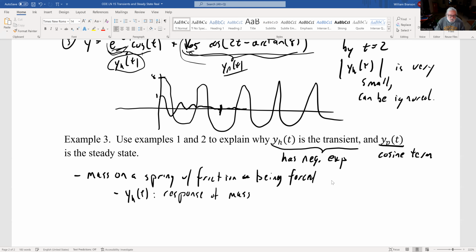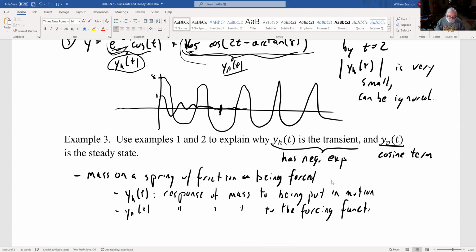And that dies out very quickly, just the natural response of the spring. YP of t is the response of the mass to the forcing function. And this persists. And this dies out. So YH of t is the transient, YP of t is the steady state.